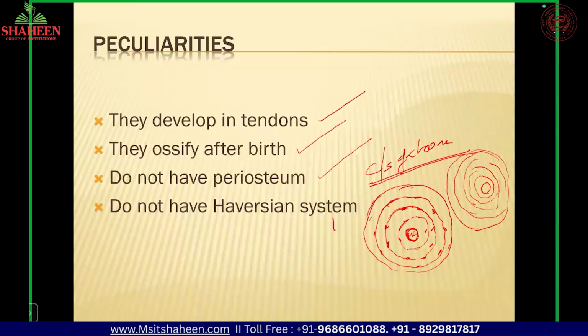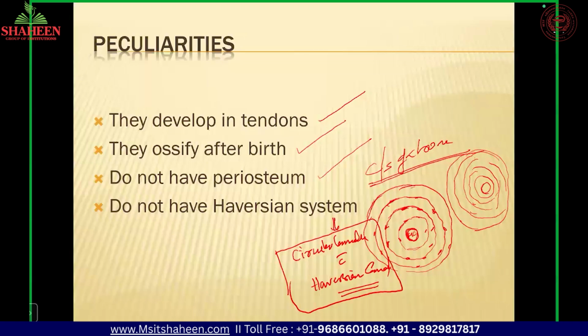Circular lamellae with the Haversian canal is known as the Haversian system. That arrangement is what you call the Haversian system.